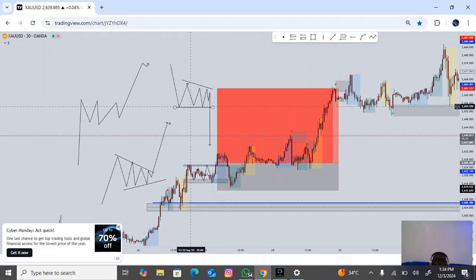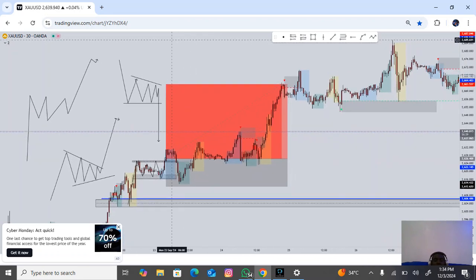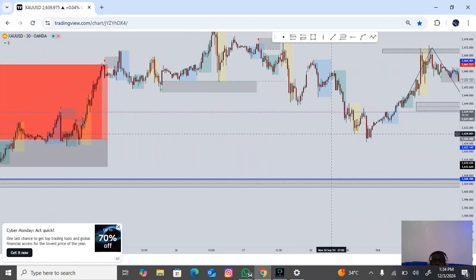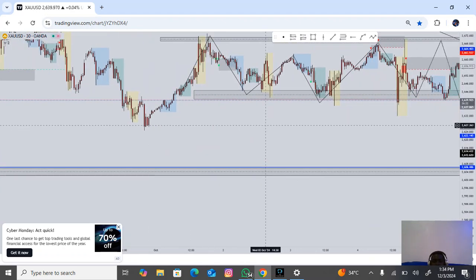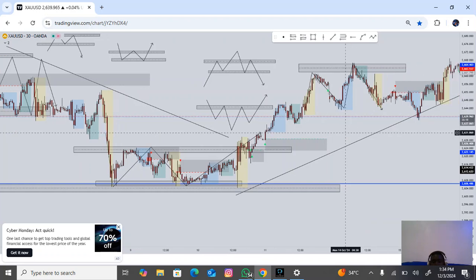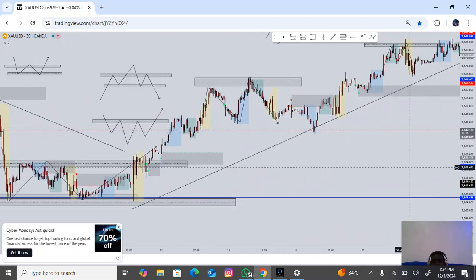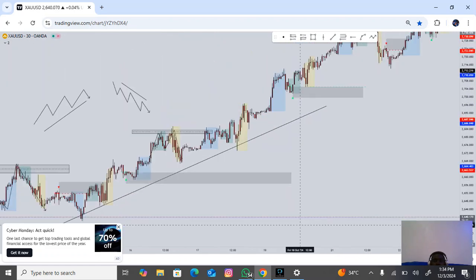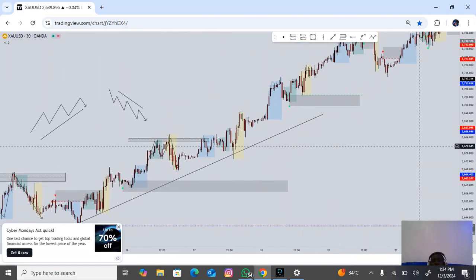That's just how the flag patterns look. I hope you guys should be able to spot something like this on the chart.